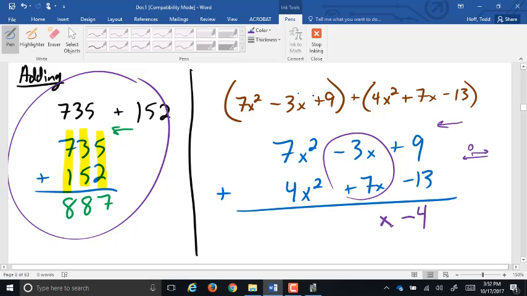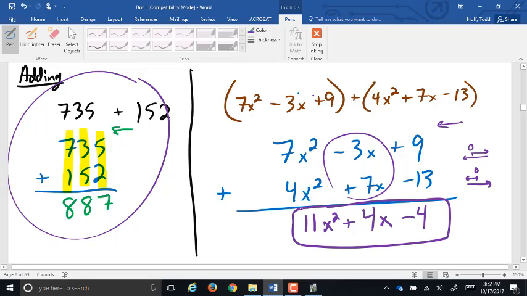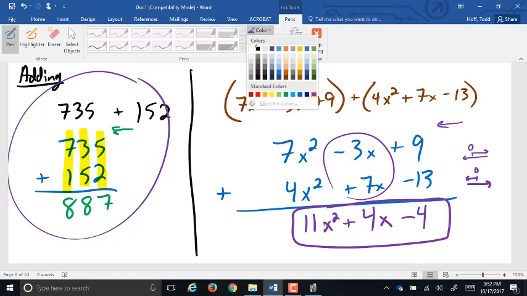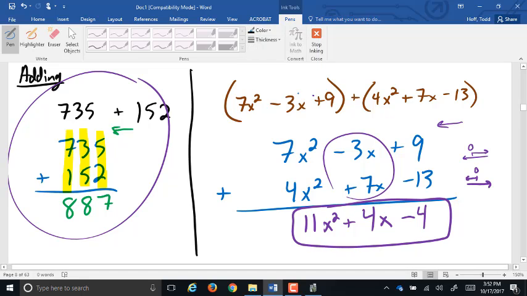So we know the name there is going to be x because we keep the same name. So we've got negative 3 and positive 7, which is going to be positive 4x. Good. Then we've got 7x squared plus 4x squared, which is 11x squared. So there we are. Does that look familiar? No? Okay. Now we'll do some more examples.